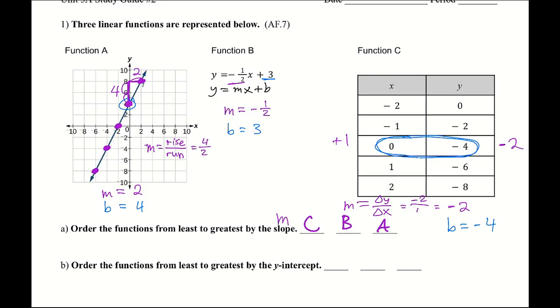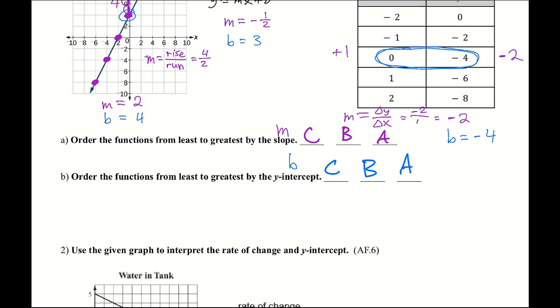For my y-intercept, the smallest y-intercept that we have is c. The second smallest is b. Third smallest is a. So CBA on both of them is what I've got there. All right? That's the first one.